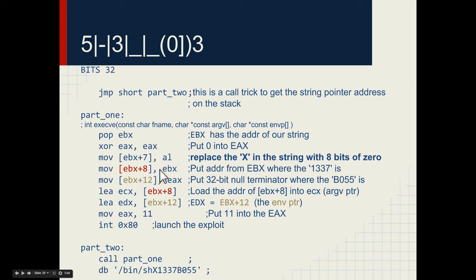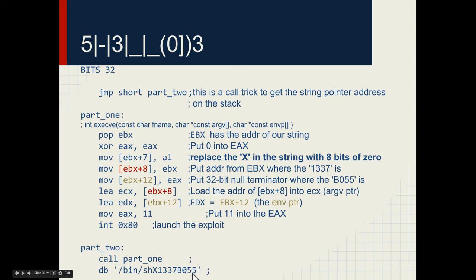Now what we want to do is move the pointer stored in EBX to EBX plus 8. So it's going to overwrite 1337 with the address also to bin sh. And then we put EAX, which has been 4 null bytes because it's been zeroed out.